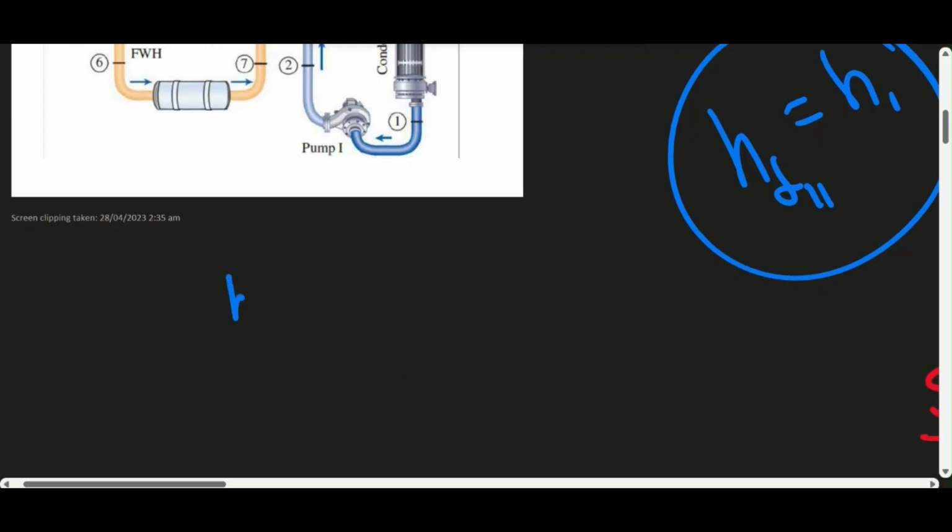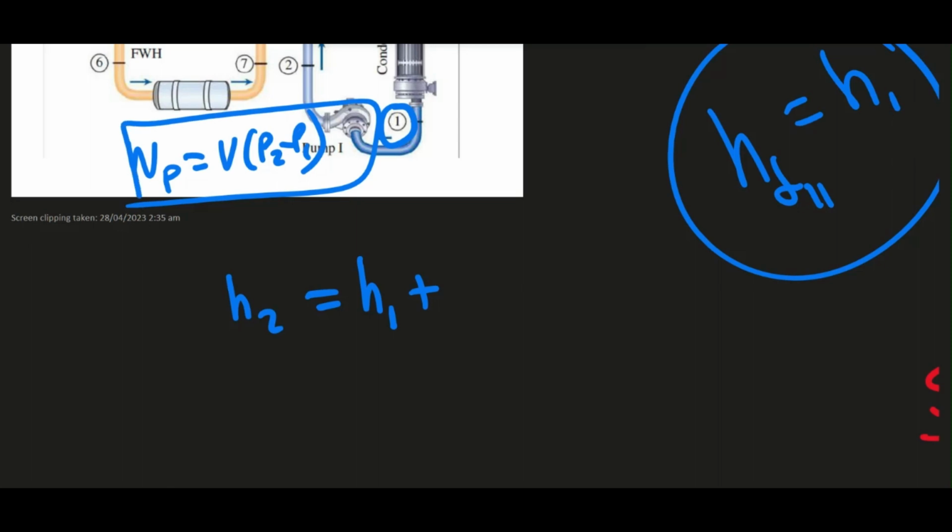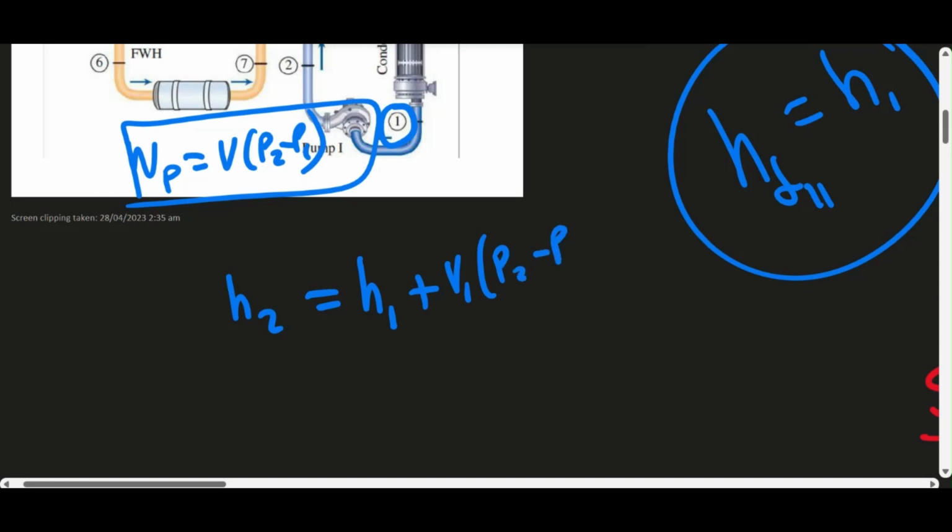We could say H2 is equal to the enthalpy at state 1 plus the work done. The formula for work done by a pump is the volume, assuming that you cannot compress liquid, constant volume, multiplied by the change in pressure, P2 minus P1. So V1, which equals V2, multiplied by P2 minus P1.